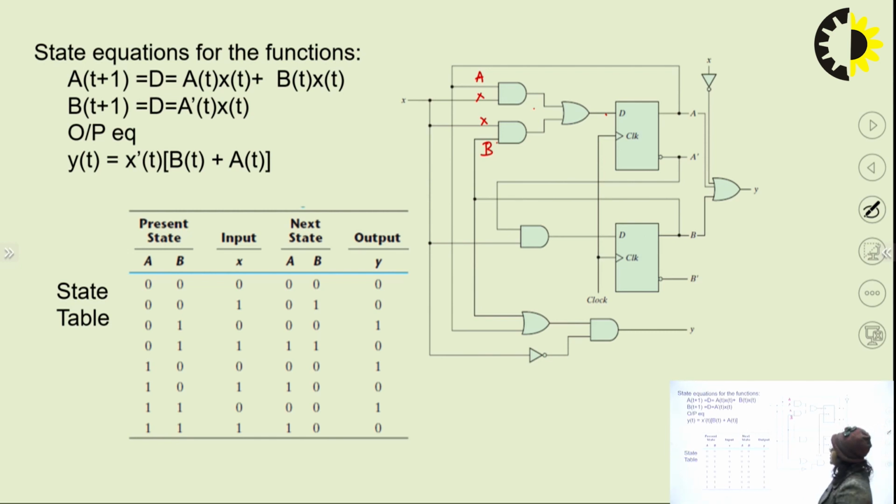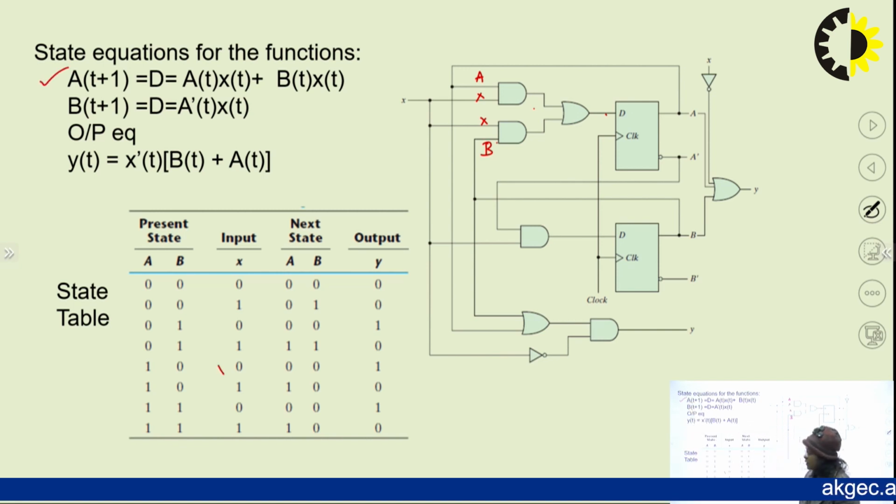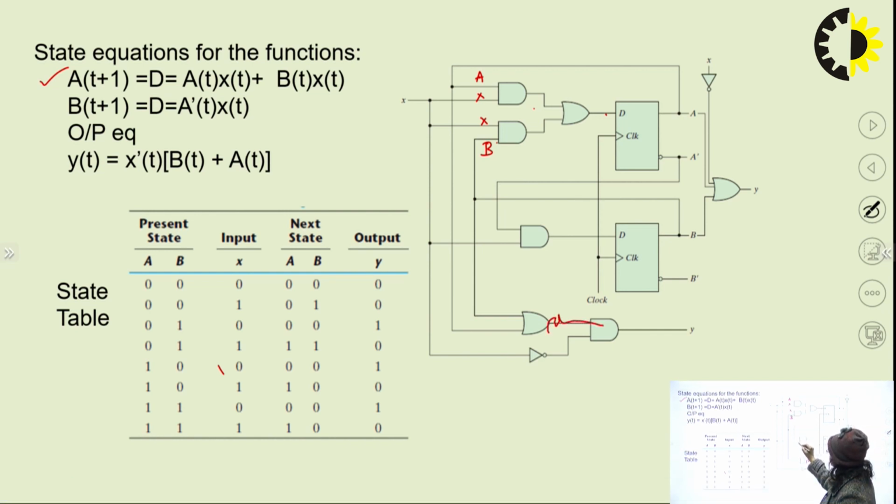So, A(t+1) is equal to D is equal to AX plus BX. Similarly, the next state of the second flip-flop B is nothing but X multiplied by A bar, so A bar(t) into X.